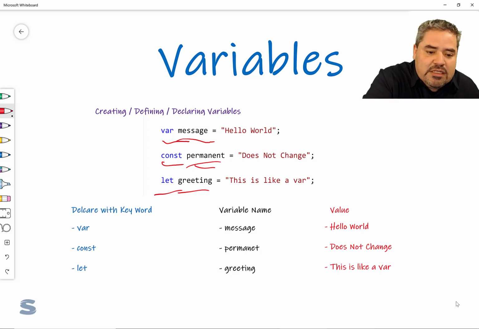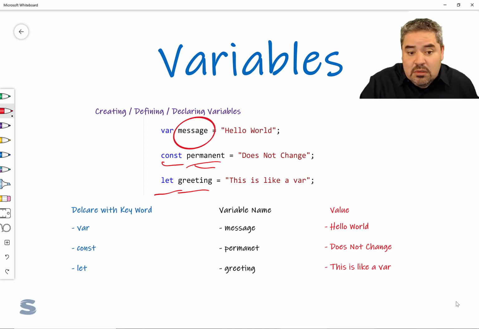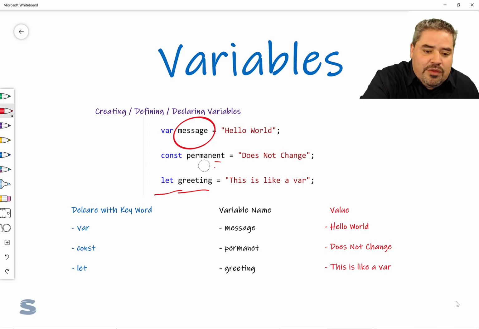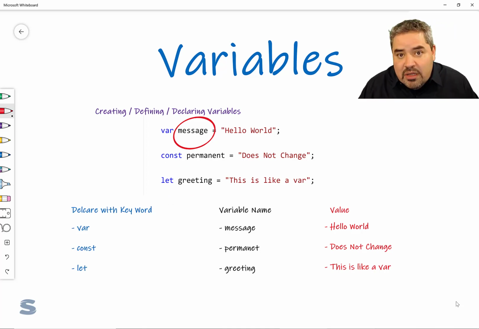If I read this word message here, I can understand that this isn't a number like age. It's simply a message. It's probably going to be text that I'm going to want to show to someone, or pass around into another system. So the names of variables mean a tremendous amount. It's really important.